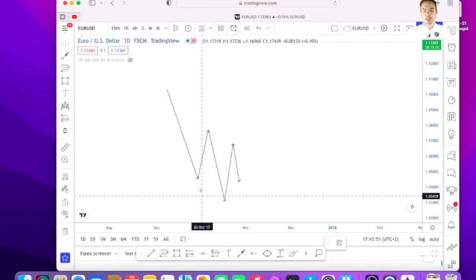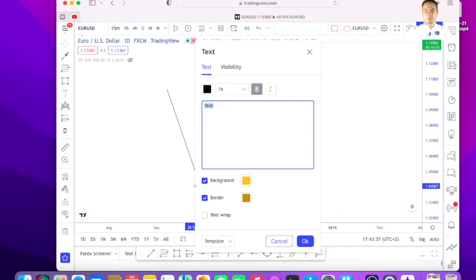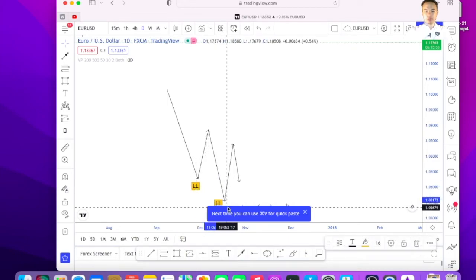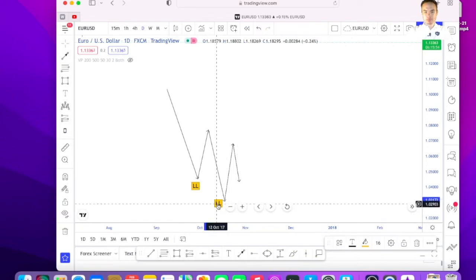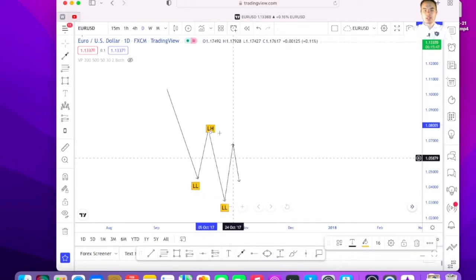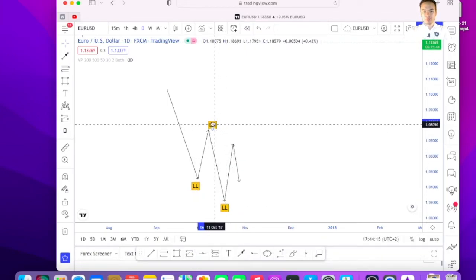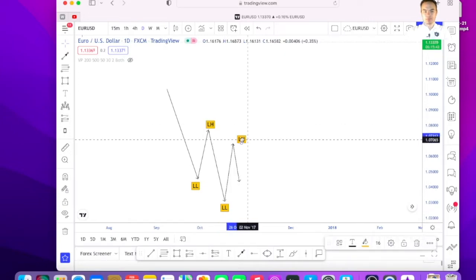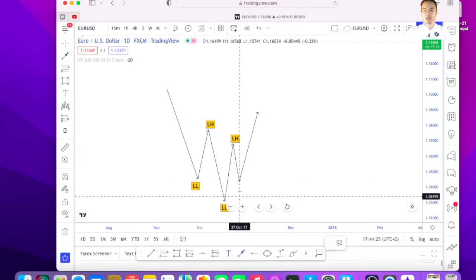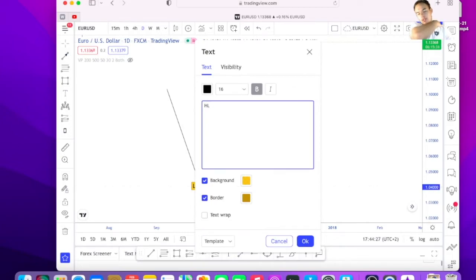So if I write it down: lower low, here's a lower low, lower high, lower high, and then higher low.